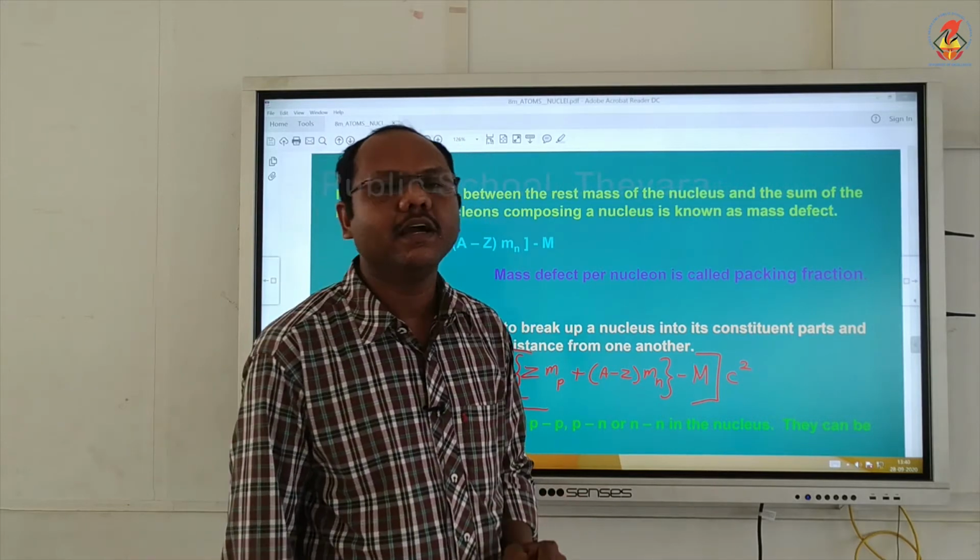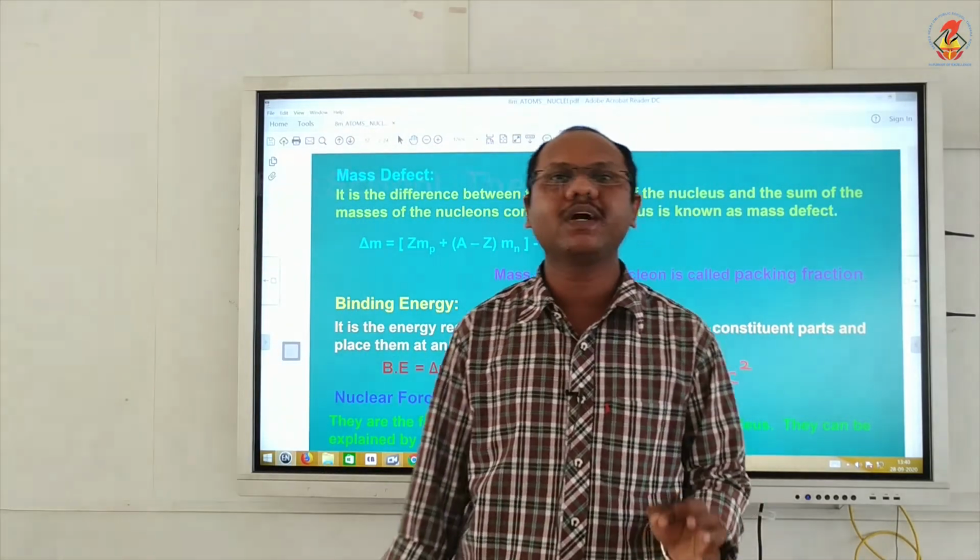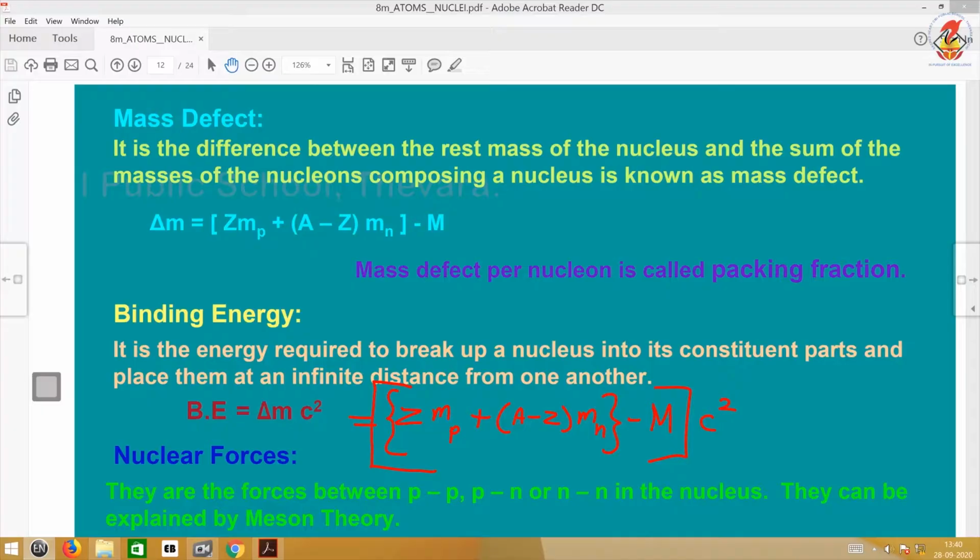Now let us see what nuclear force is. Nuclear force is the force which binds the protons and neutrons within the nucleus.